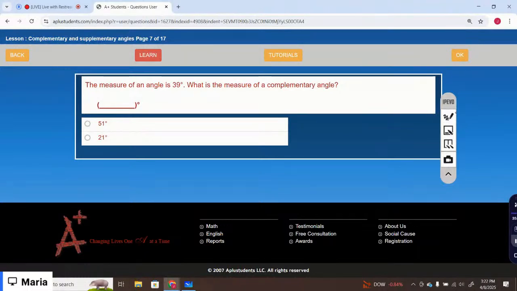51 degrees it is, because you have to make complementary angles, so you need to add that to 90 degrees.